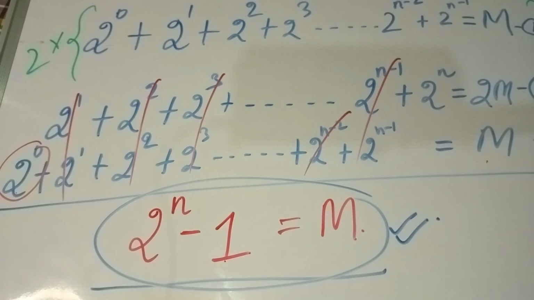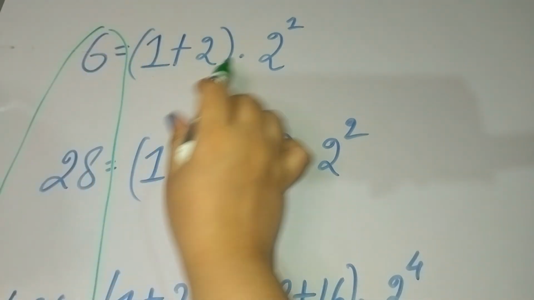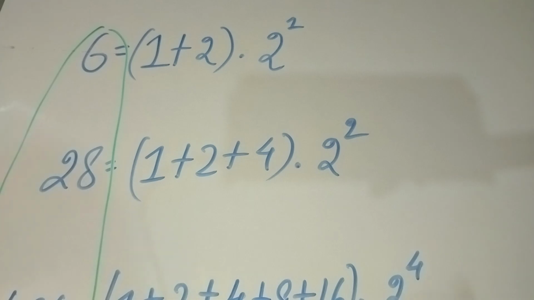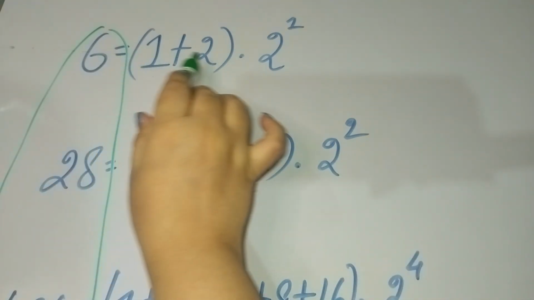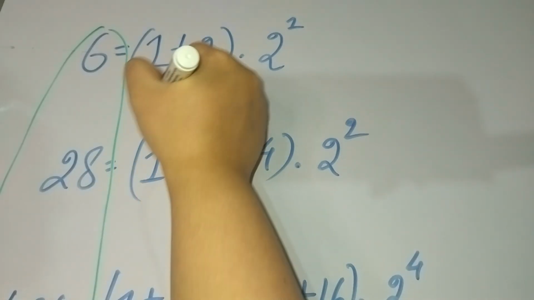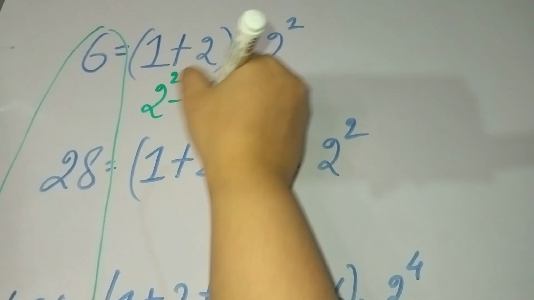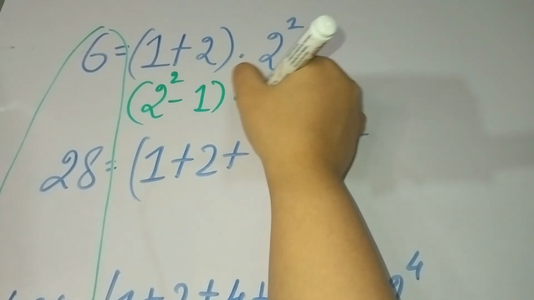I hope it's clear. So let me write something. You remember how we wrote these perfect numbers earlier? 1 plus 2 into 2 to the power 1. So I can write 1 plus 2, which is 3, as 2 to the power 2 minus 1, into 2 to the power 1.